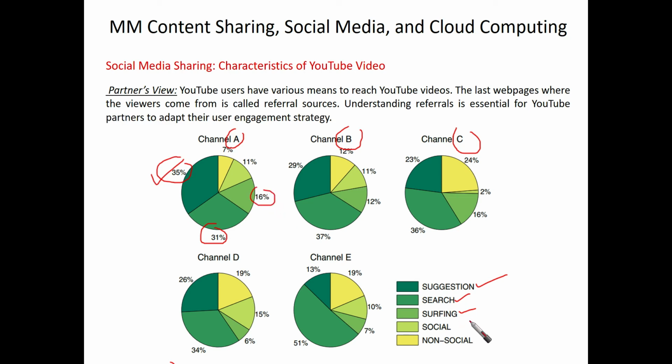Surfing is maybe someone recommending, or you are seeing it from advertising or promotional things. And then maybe some comes from social media, and something from non-social media that is unknown, right? So this is how it works. This kind of analysis is also helpful to decide things for your company.